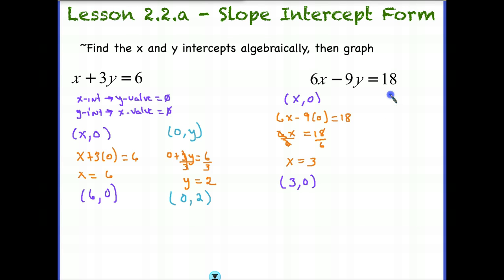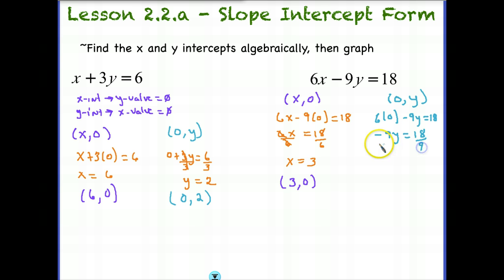So let's do that. We're going to plug in a 0 for x, and we're going to solve for y. So we would end up with 6 times 0 minus 9y equals 18. 6 times 0 is 0, so we have negative 9y left on that side, equals 18.